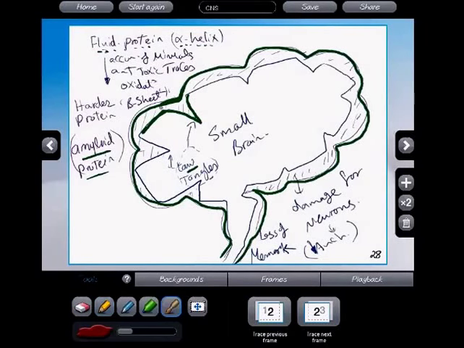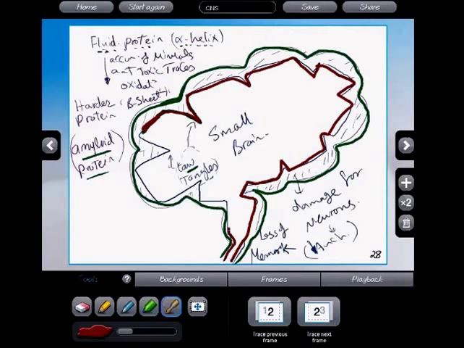So it begins to be deeper like this, and let's show this in another color. This leads to shrinkage of the brain, and this shrinkage is accompanied by damage of neurons in this area.